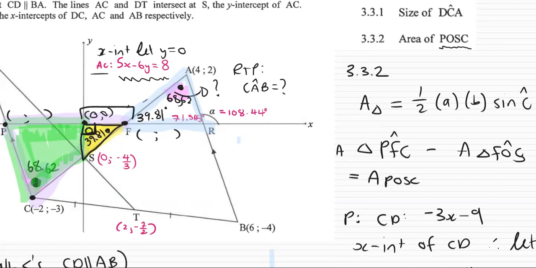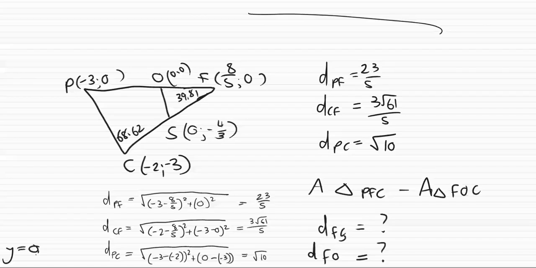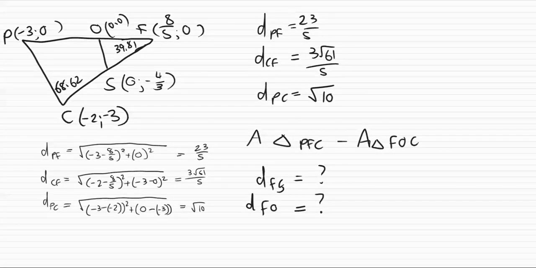So from 0 to point F is just the x distance, which is 8/5, excuse me.